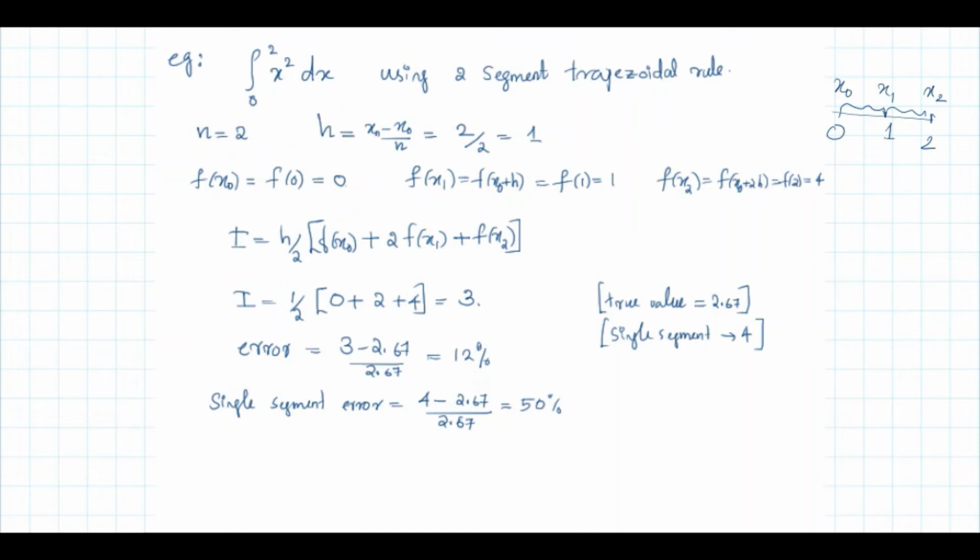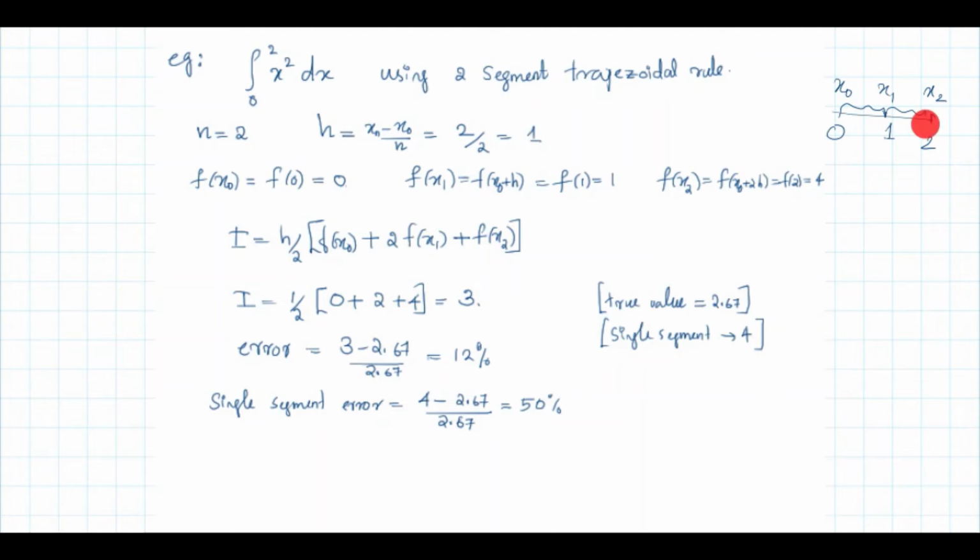Here we can look at the same problem we discussed with a single segment, integral 0 to 2 x square dx using two segment trapezoidal rule. Two segment means n equal to 2, so you can calculate h. h is upper limit minus lower limit divided by number of segments, so it is 2 by 2, it is 1.